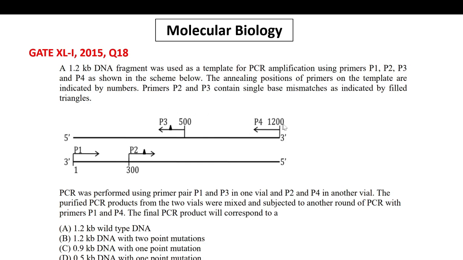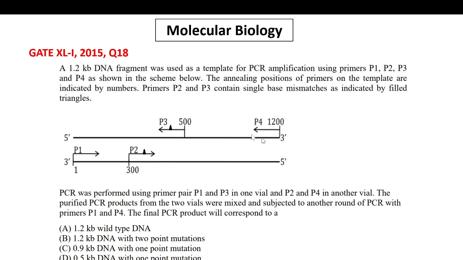And you can see the regions of your template DNA, which has a total length of 1.2 kilobase pair, to which these primers are complementary and binding, from this image. The positions start from here: 1 is the first nucleotide and P2 binds at the 300th nucleotide.